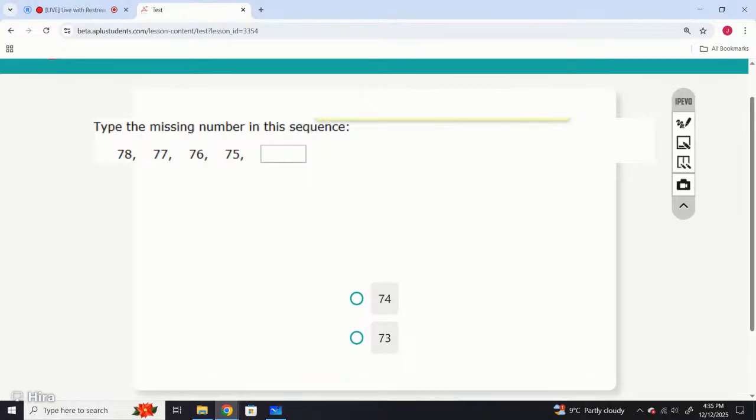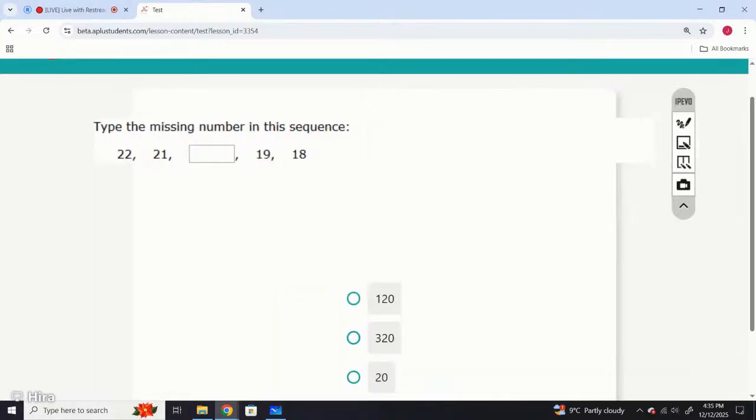Type the missing number in the sequence: 78, 77, 76, 75. So the next one is 74. Option number 1 is the correct option.